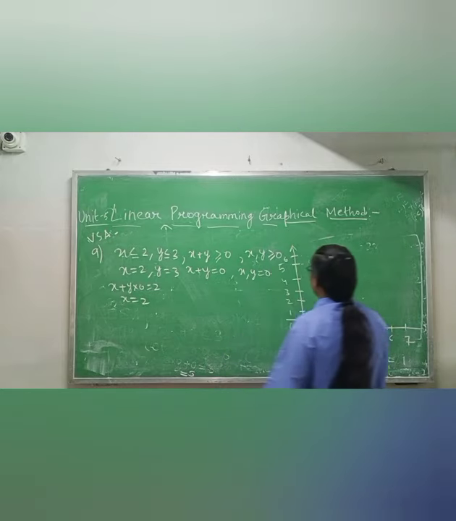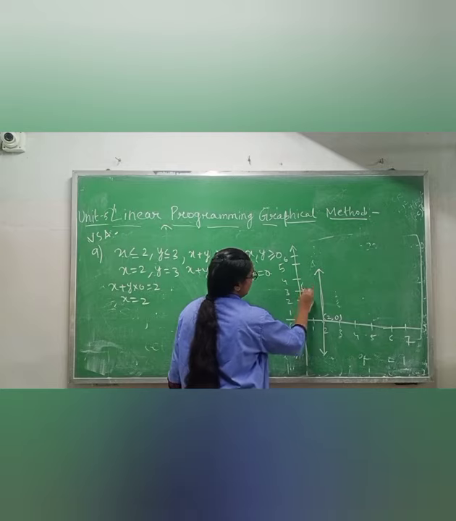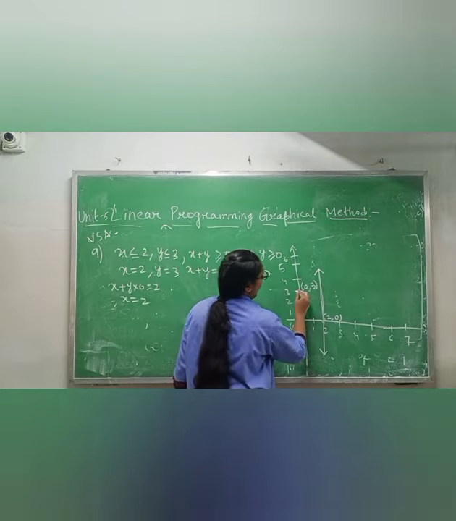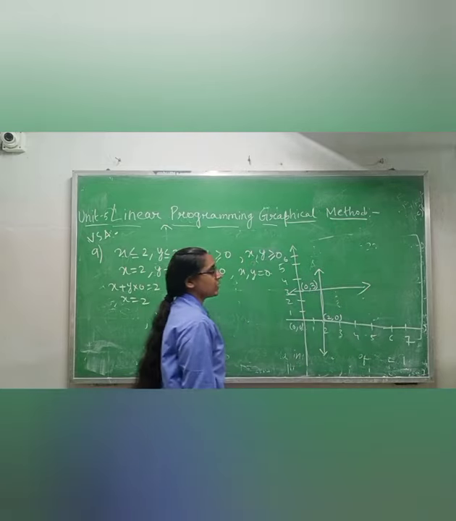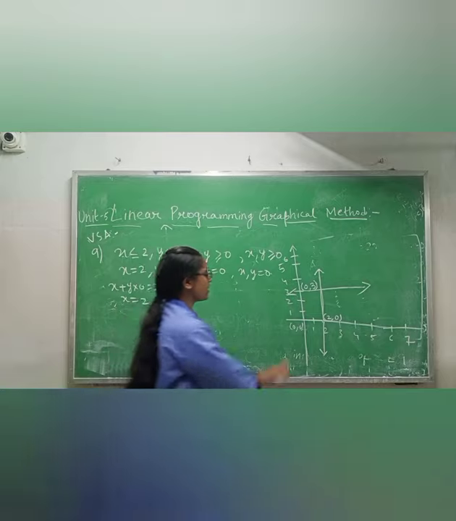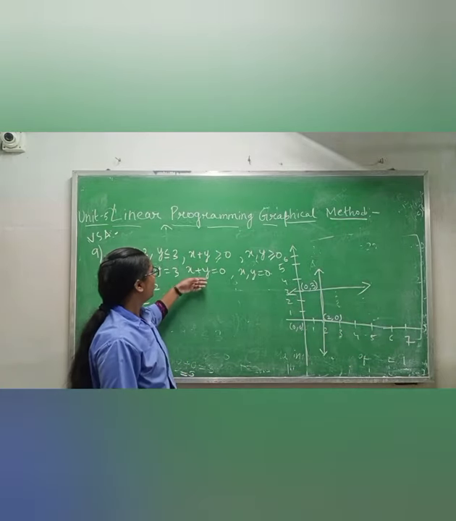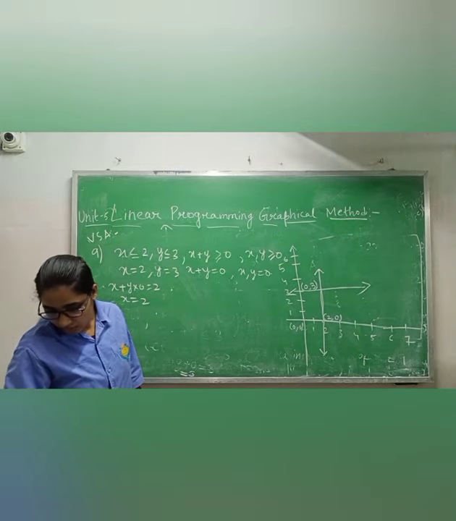At that time you will take x as 0 and y as 3, and it will be parallel to the x axis. See, this one is the x axis and this one is parallel to the x axis. Now this one we will plot.